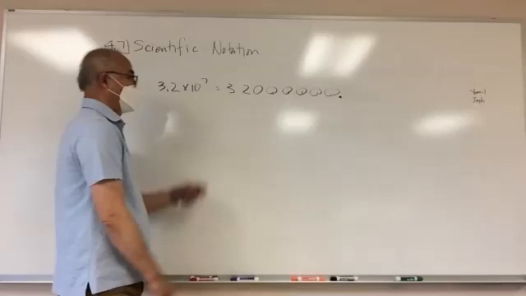Example number 3. Order from the least to the greatest. So this is a kind of a two-step process here. 3.9 times 10 to the 6th, and then 3,812,000, and 4.2 times 10 to the 6th.